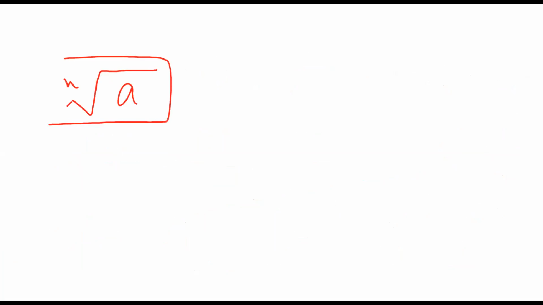Okay, so since we talked about numbers, let me go back to repeat here. We talked about this kind of thing: when n is the index of the root of a, inside it should be greater than 0 when n is an even number.